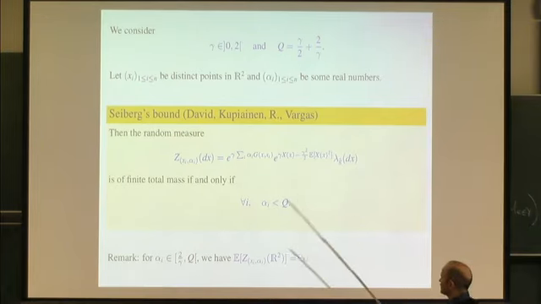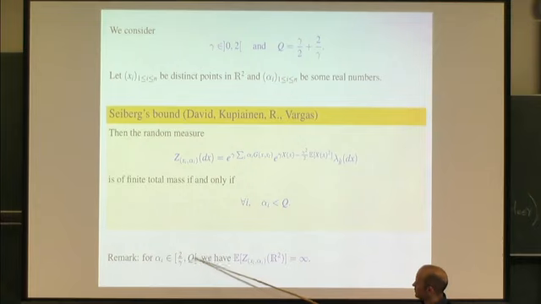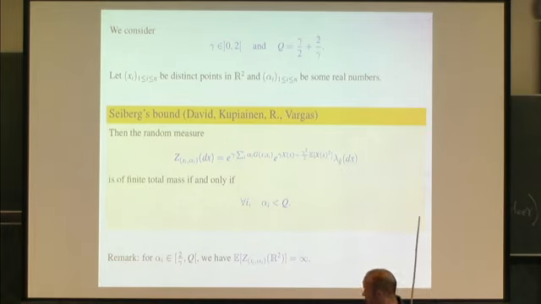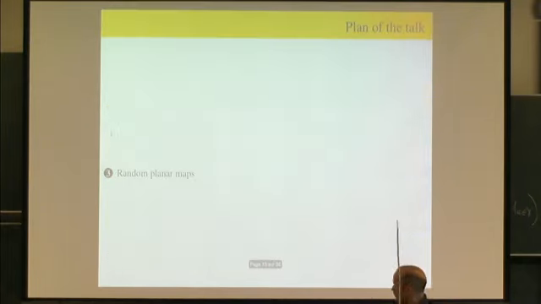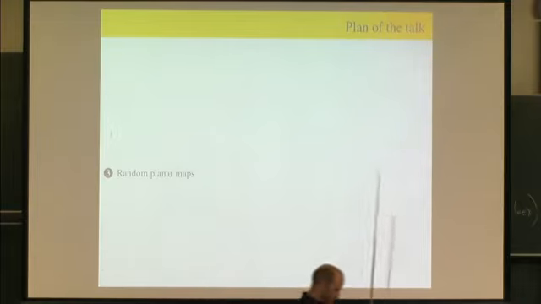And actually, you can check that between the Lebesgue measure threshold and the chaos measure threshold, this has infinite expectation. So there is some kind of different behavior between Lebesgue and chaos. This is all I need from Gaussian multiplicative chaos theory. Now let's focus on random planar maps.